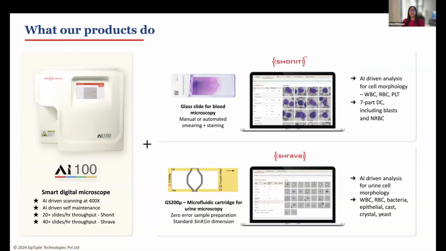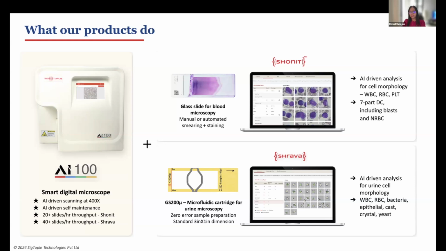A little bit about both of the solutions. Shonit is predominantly for the screening, examination and analysis of peripheral blood smears. We're stain agnostic, so you could use any of the Romanowsky stains. The AI-driven analysis looks at the cell morphology of the WBCs, where you get a 7-part differential. Included in that are the immature granulocytes, as well as the blasts and atypical cells.